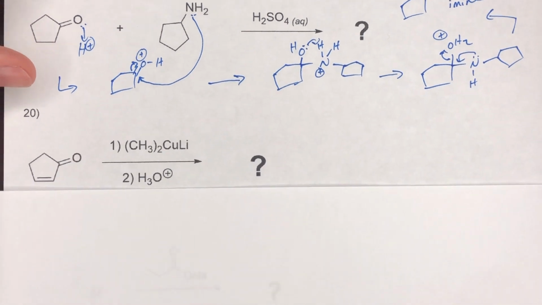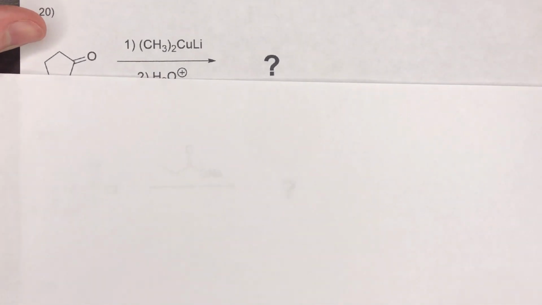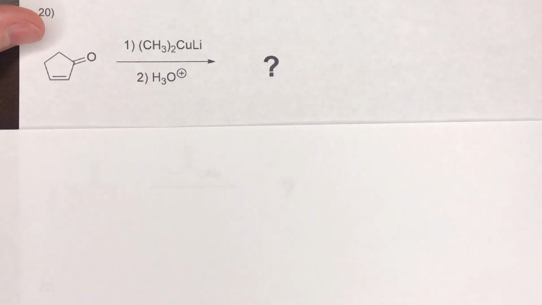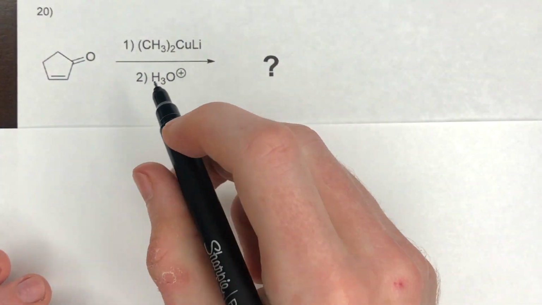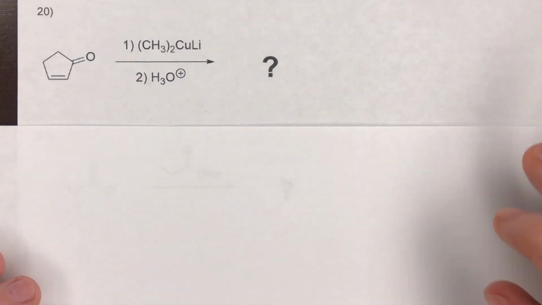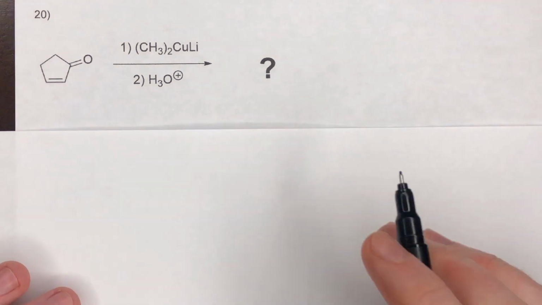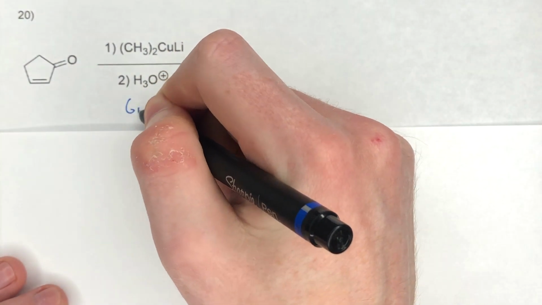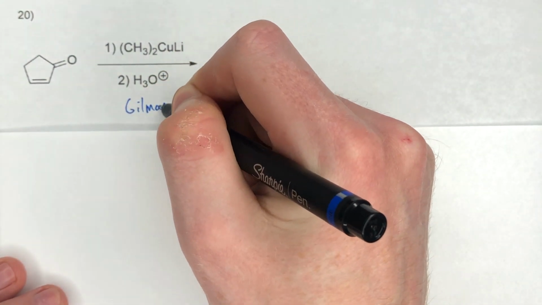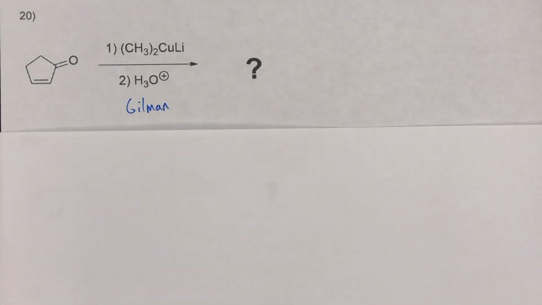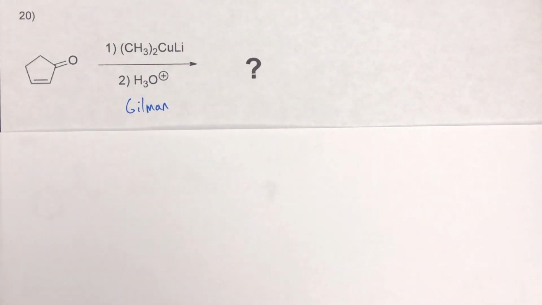All right, that's question 19. Move on to 20. All right, so question 20, we have this copper lithium organolithium species, and this is called the Gilman reagent. The Gilman reagent is a specific type of carbon nucleophile that will selectively add the R group of the Gilman reagent to a specific position.